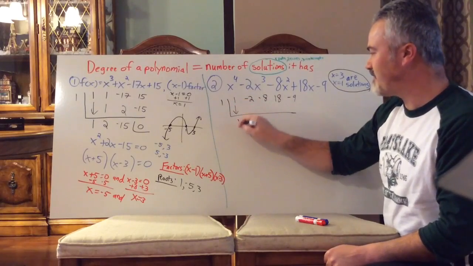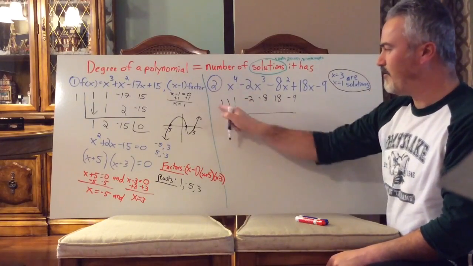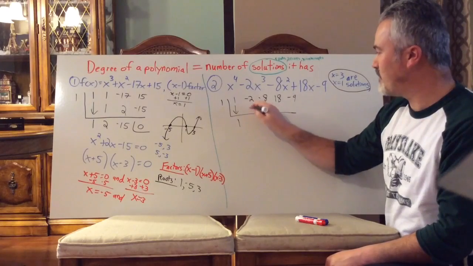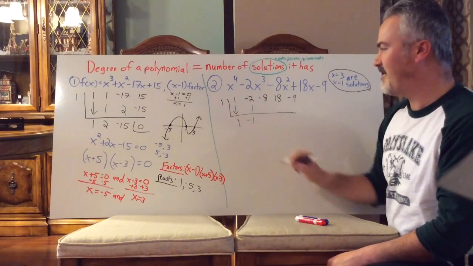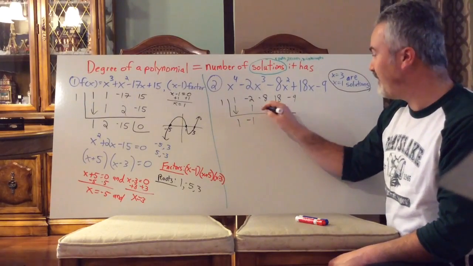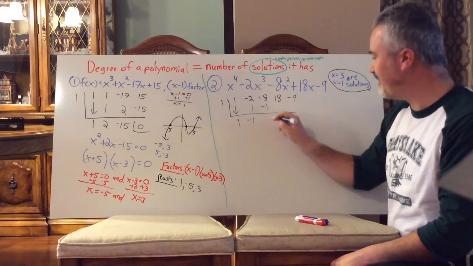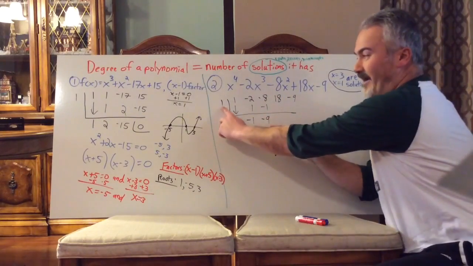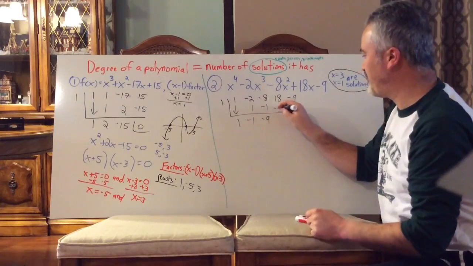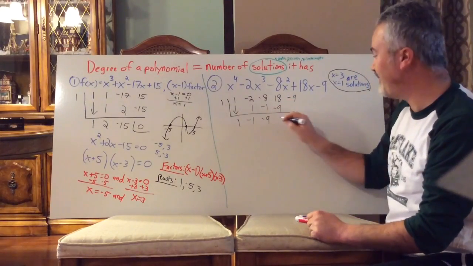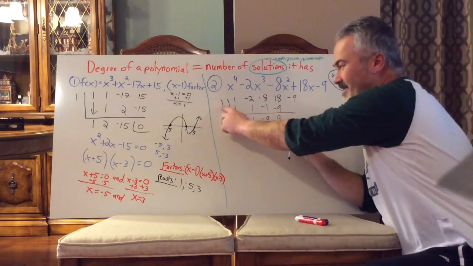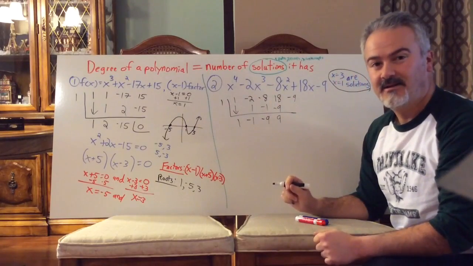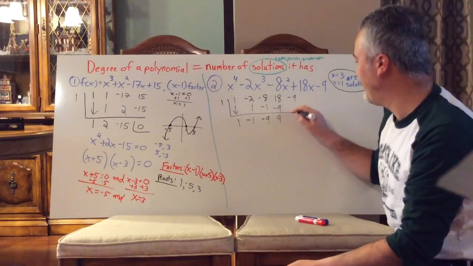Add inside the house, 1 plus 0 is 1. Multiply outside the house, 1 times 1 is 1. Add inside, multiply outside, add inside, multiply outside, add inside, multiply outside. And what should my remainder be again? 0. Good.